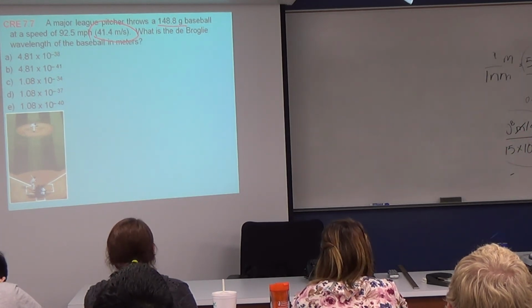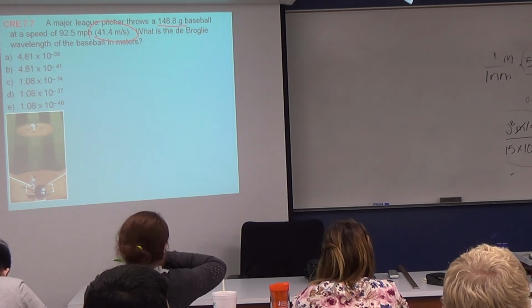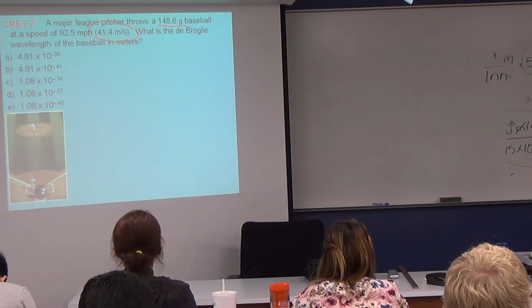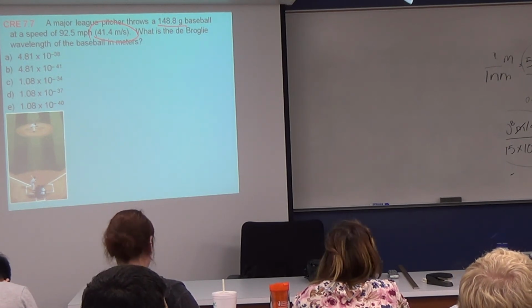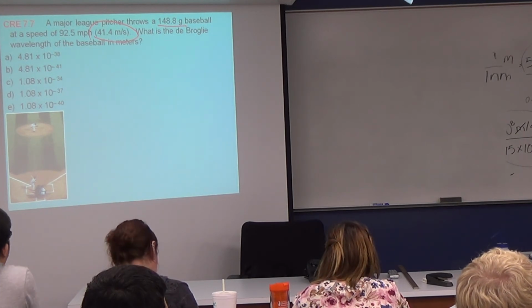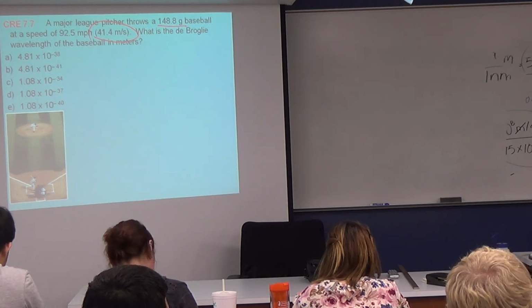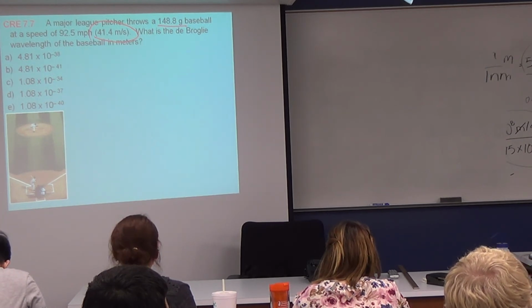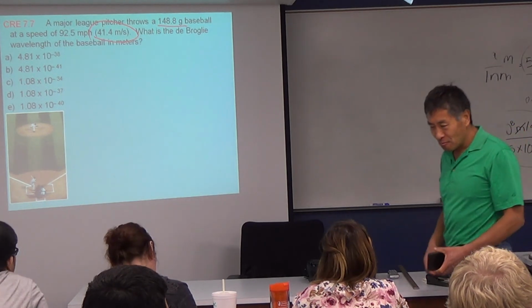We have h, and h is that. I put all those numbers because of the common conversion. This is the gram, so convert gram to kilogram. What do you get?